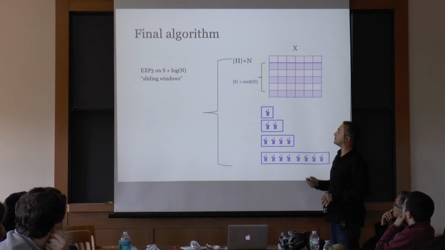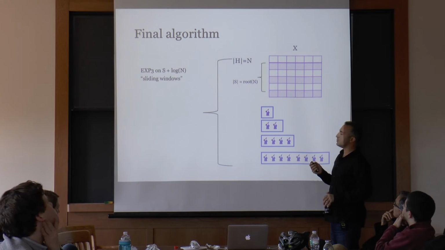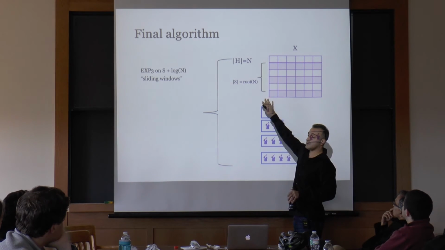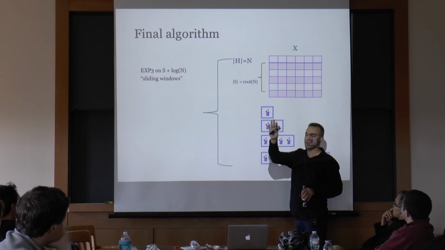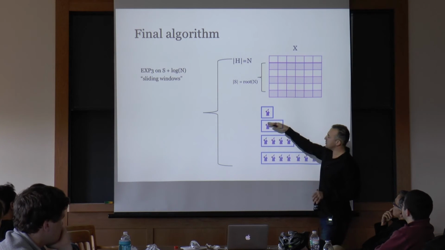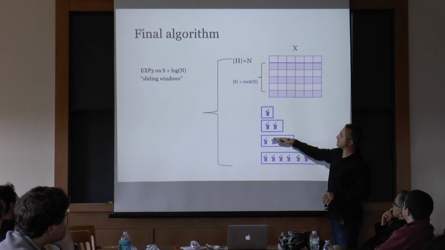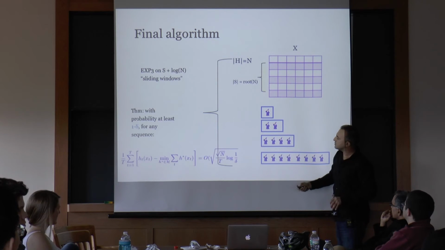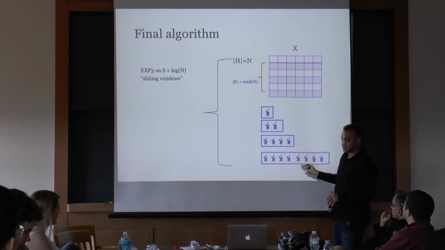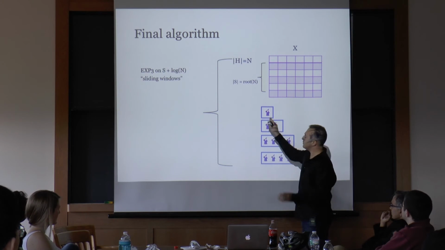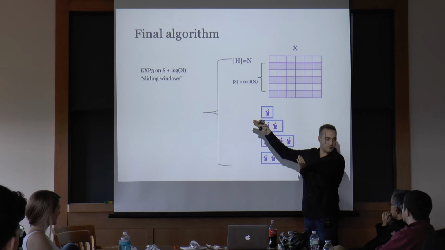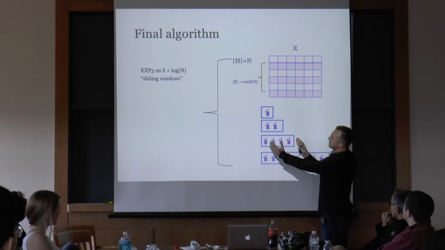OK, so this is the final algorithm. And it does the following thing. You take all the strategies a priori. You sample root n experts, hypotheses, and keep them on the side. Then you have log n sliding windows that are size 1, 2, 4, and so on up to root n. Each of them, every time there is a new leader, replaces what it has in the window, throws out the oldest one, and puts the new one in.